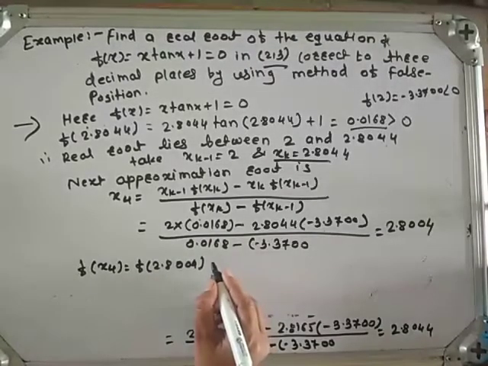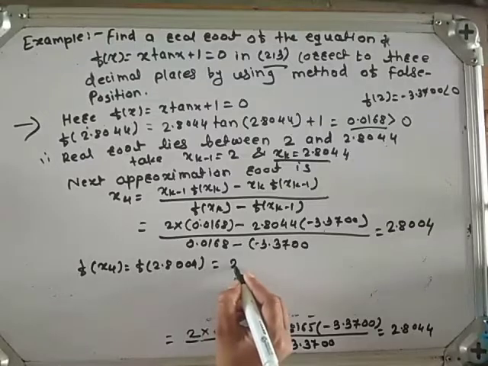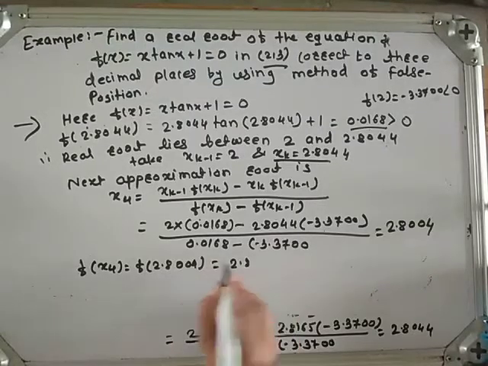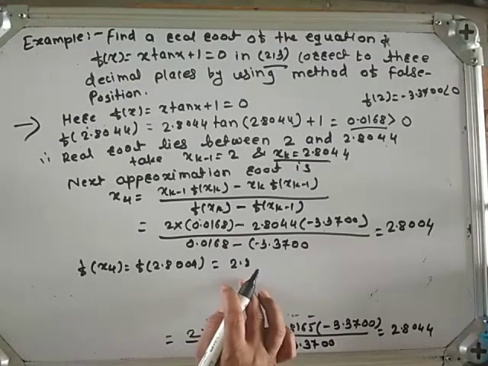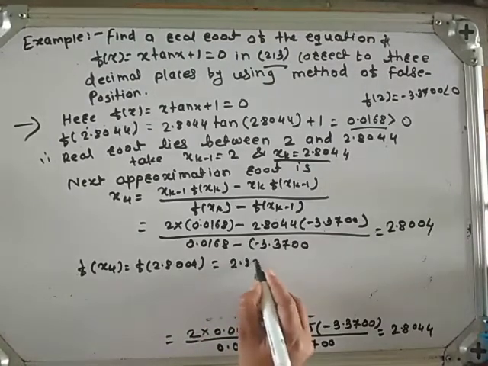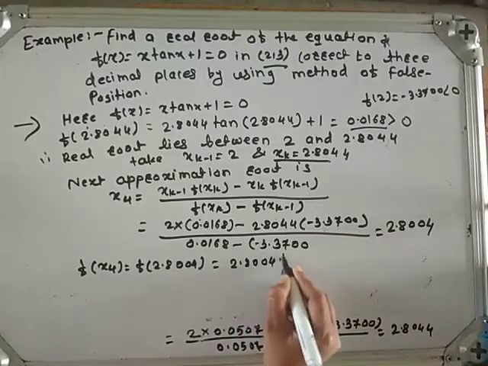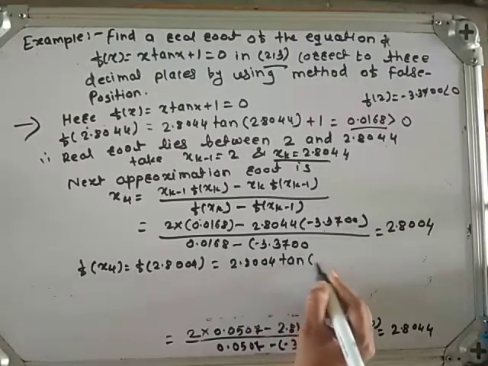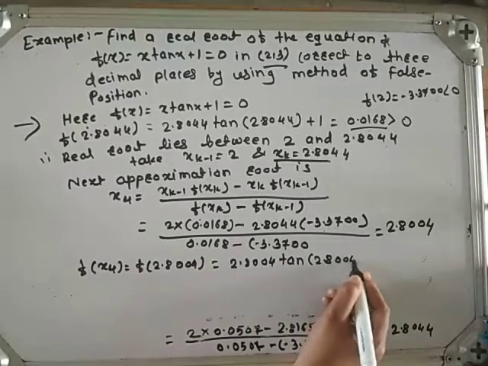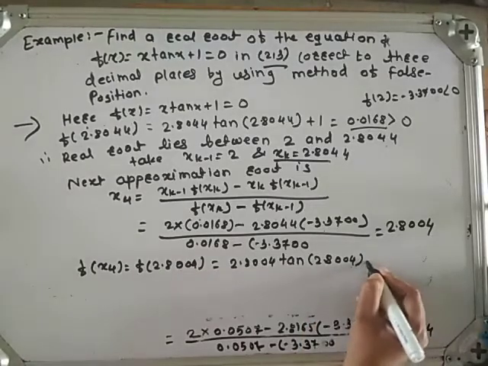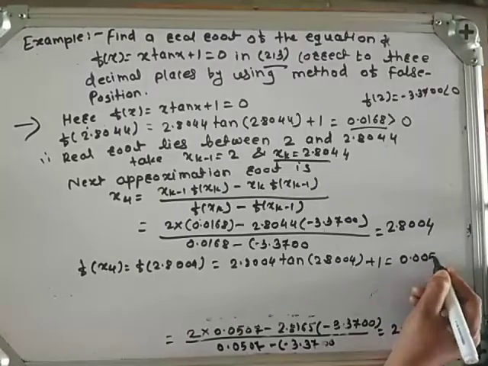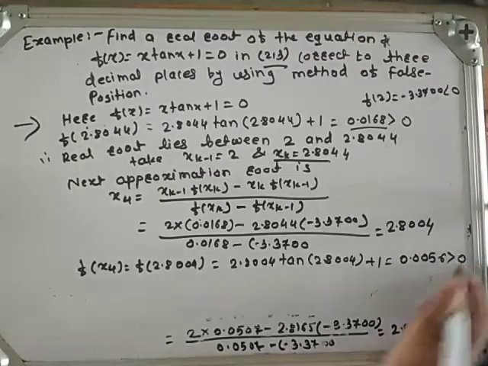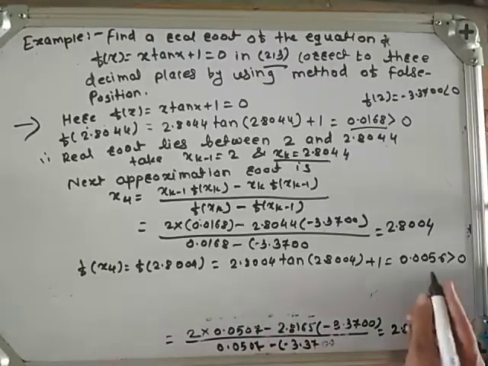Now calculate f of x4, that is f of 2.8004, which is equal to 2.8004 into tan of 2.8004 plus 1, which is equal to 0.0056, which is greater than 0, that is positive.